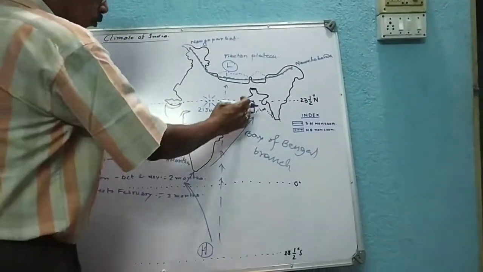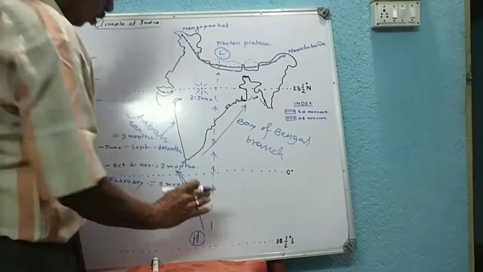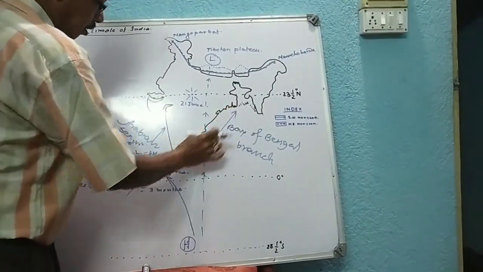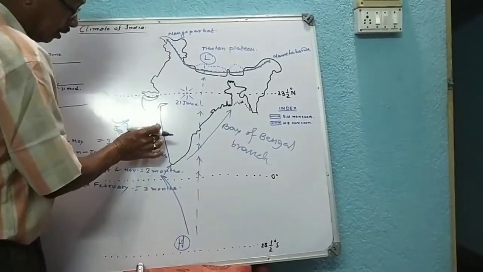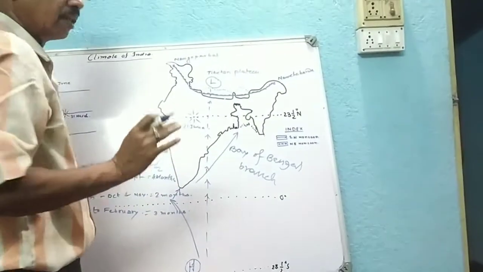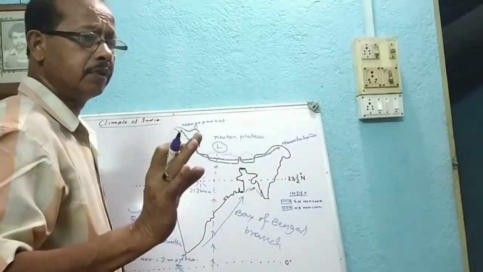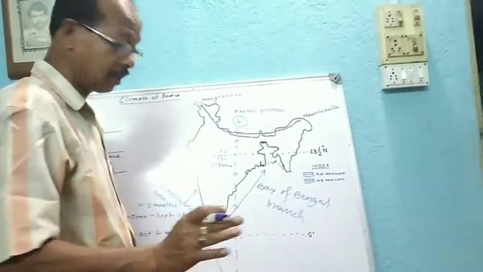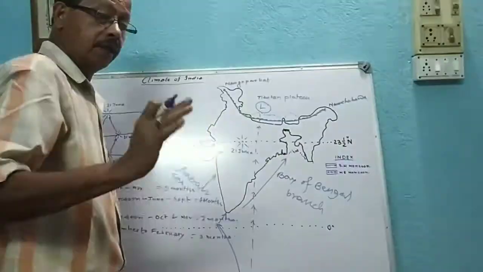As it passes a long way over the ocean, the Bay of Bengal branch, and the Arabian Sea branch, receive maximum water vapor from the ocean.